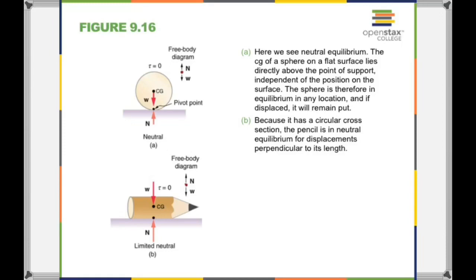Same can be said about a sphere kept on a flat surface, as in this case. That's again a case of neutral equilibrium. So there are three cases of equilibrium. One is stable, the second is unstable, and the third is neutral.